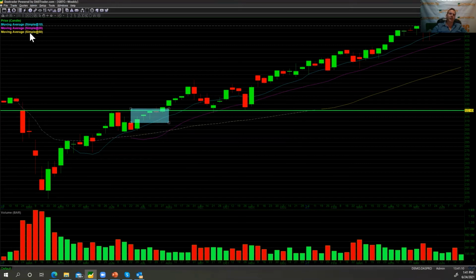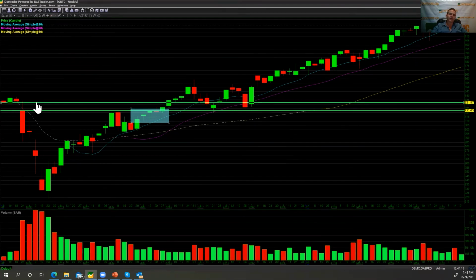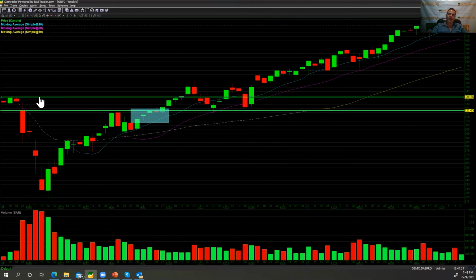Now, this is another issue, right? So this horizontal area, the prior high from before the pandemic, is my secondary breakout line. Okay, and you can see it did definitely hit resistance here.